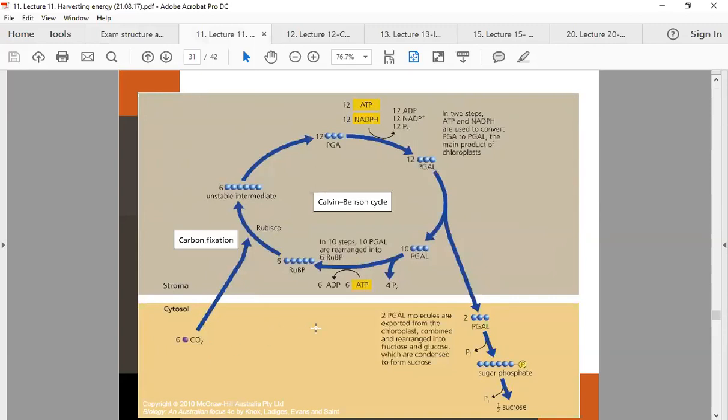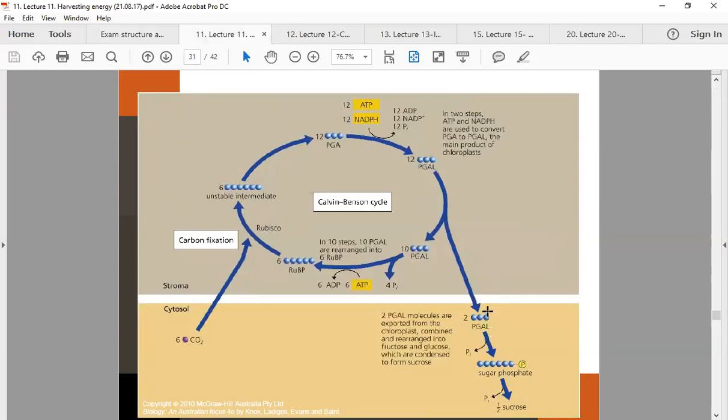Okay, tell me the major and final product of the Calvin-Benson cycle. What is the primary aim? Sucrose. Okay, sucrose. Here it is. So photosynthesis is geared towards producing carbohydrates. You can say that sucrose, or more specifically, half a sucrose, is produced from that turn of the Calvin-Benson cycle.